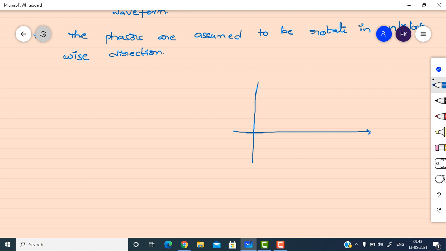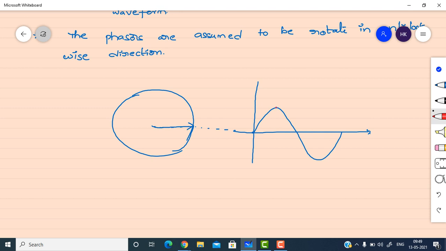See this one. I have a sinusoidal varying alternating quantity. This one I am representing with phasors. If the waveform is at 0 position, the phasor will be like this.